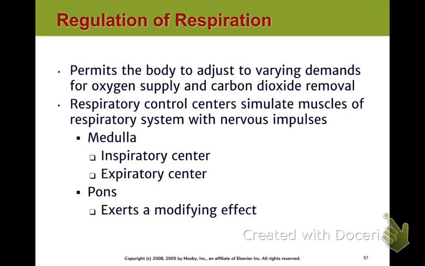What are the mechanisms? What are the parts of our brain that regulate our breathing? Okay, the medulla. Do you remember where your medulla is? It's your brain stem. So your breathing rate is monitored and controlled by your brain stem, but you also have that pons area, that bridge, that can modify whether you need to breathe more or if you need to slow down your breathing.